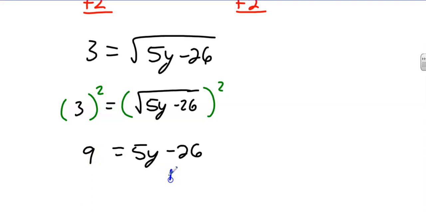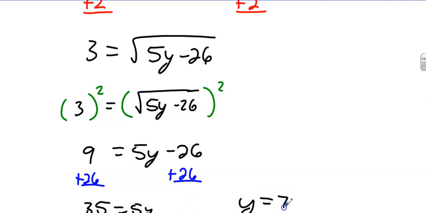From here, we can add the 26 to both sides. So we get 35 equals 5y. So divide 35 by 5, that gets us y equals 7.